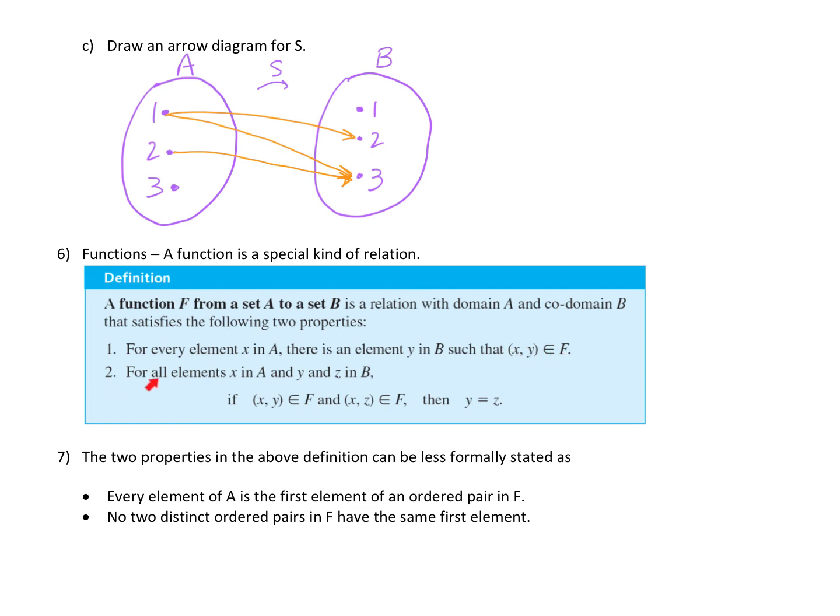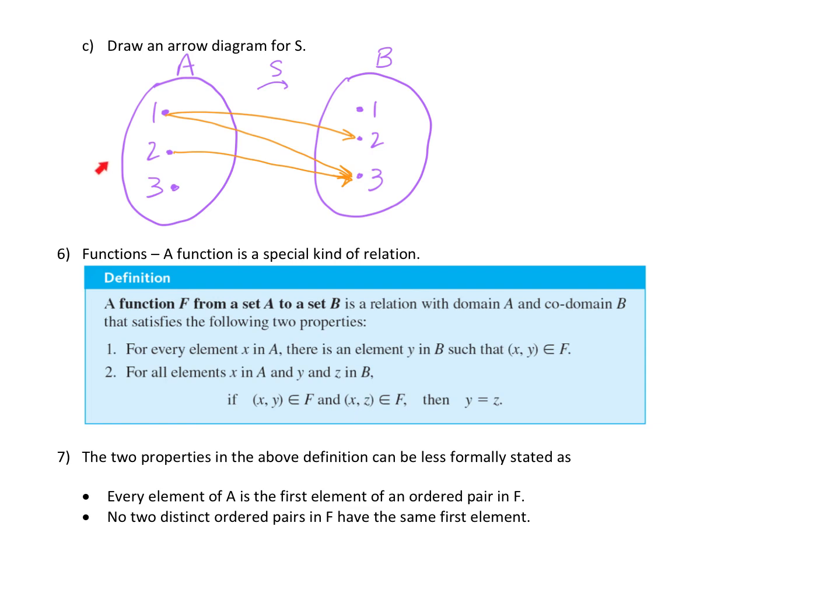And then the second one: for all elements x in A and y and z in B, if (x, y) is an element of F, and (x, z) is an element of F, then y and z would have to be the same. That is, for each x, you can't have two different y values.